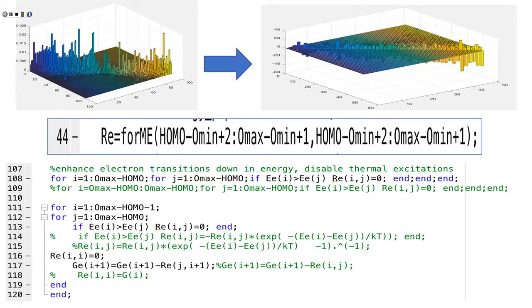Here we make another strong approximation. We just cancel the rates of transition that do lead to increase of energy. So we keep only those transitions that decrease the total energy. Therefore, we parse this quadrant. So this is only for electrons.